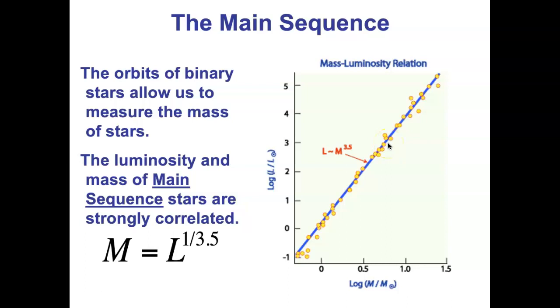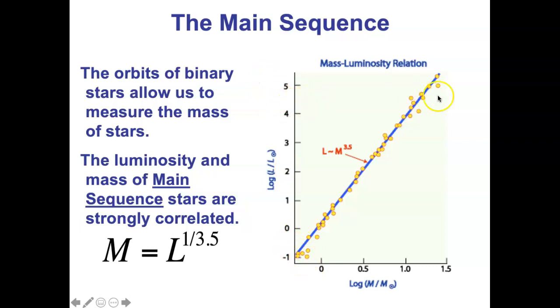Why? These stars are higher luminosity because they're higher mass. It turns out that the mass of a main sequence star determines what its luminosity is going to be. These stars down here are low luminosity because they're low mass.